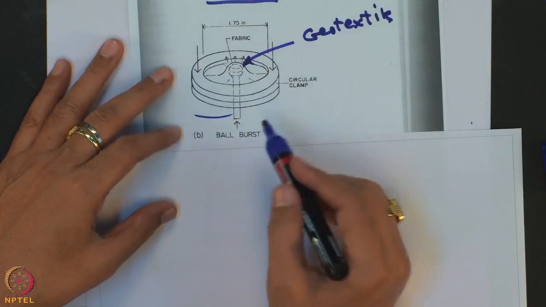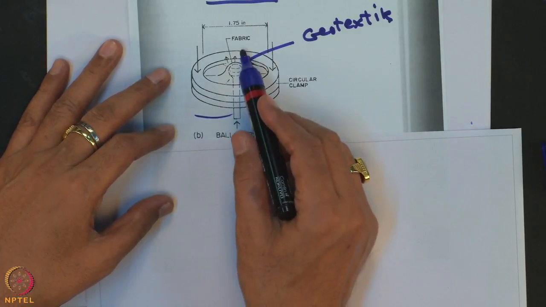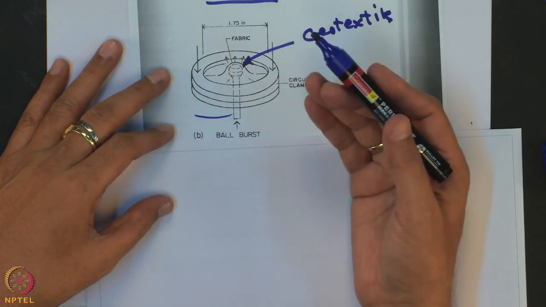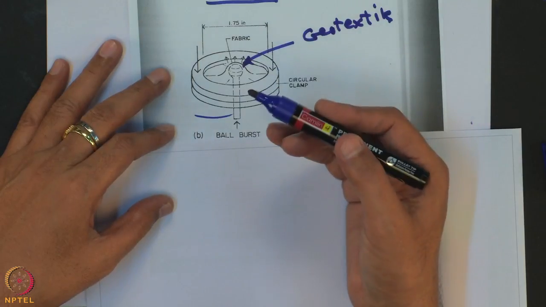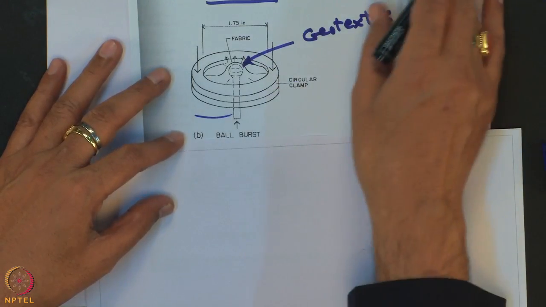This is a circular clamp and then ball burst, and you determine what will be the burst strength of the geosynthetic material.